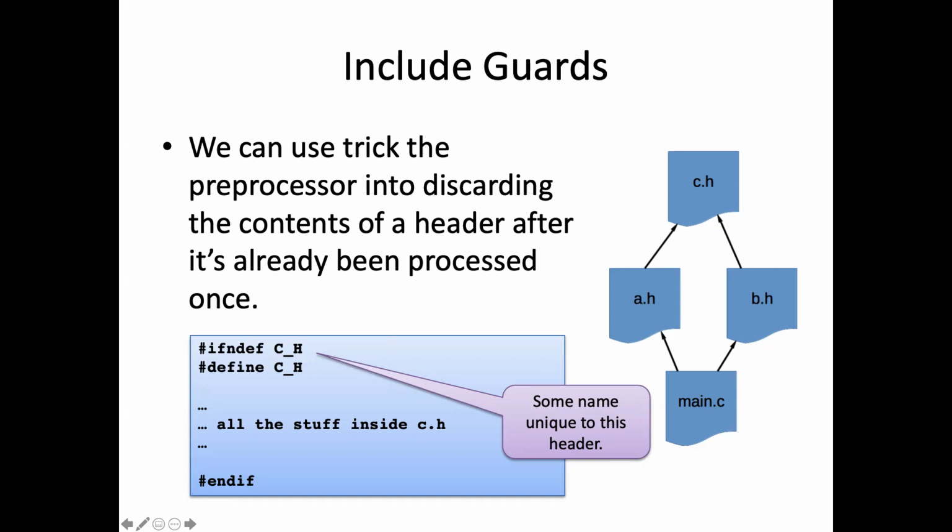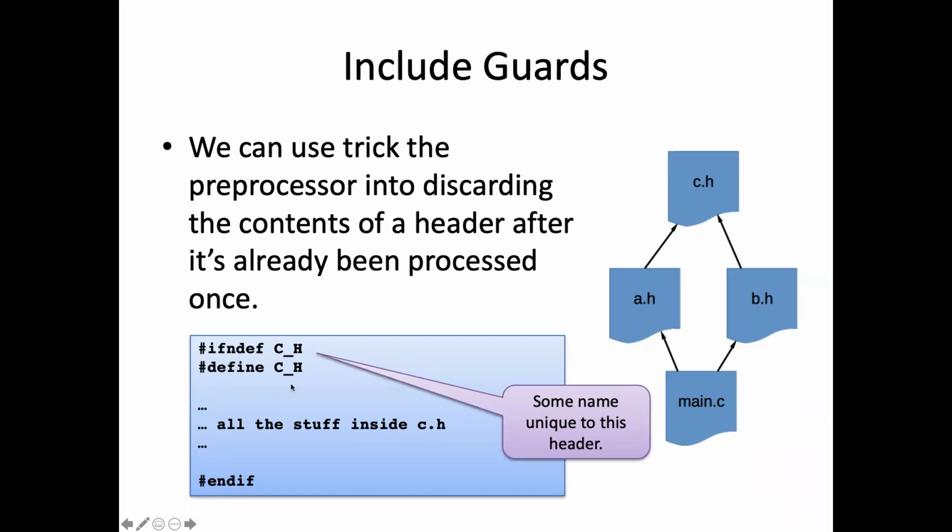We just made up that symbol name with the expectation that, well, it's not defined. We just made it up. It's probably a symbol that nobody's using. So it's not normally going to show up as defined. The rest of this header only gets left in if this symbol is not defined. So the first time we see this header, C_H hasn't been defined yet. So the compiler is going to see everything up to the #endif.